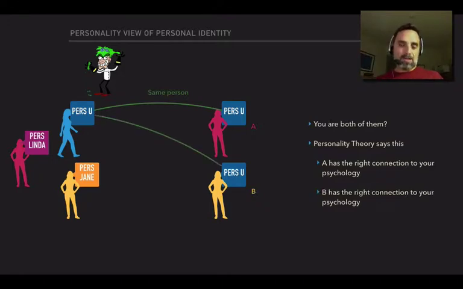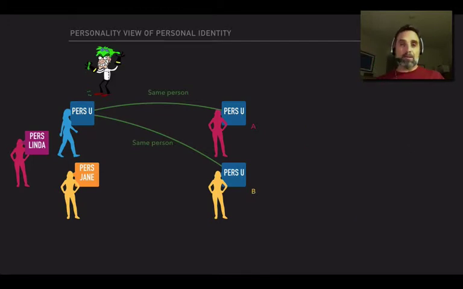But B also has the right connection to your psychology, and therefore you're also identical to B, because you prior to the brainwipe and personality replacement, and B after the brainwipe and personality replacement have exactly the same personality. And the personality theory says, well, when you have the same personality, you're the same person. So the personality theory has to say that you are identical both to A and to B.